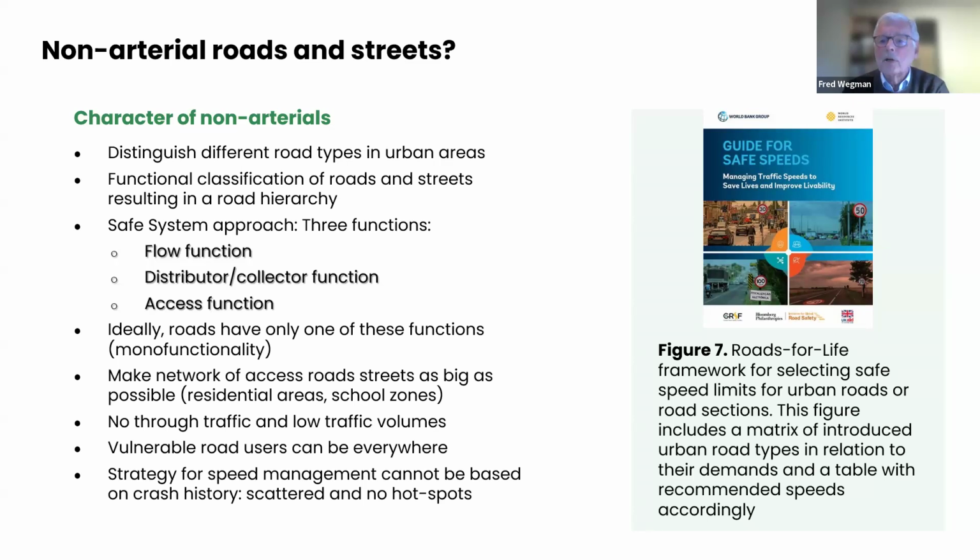In the safe system approach, we distinguish 3 functions. The flow function, traveling from A to B, the distributor or collector function, that is a road type in between the roads of a flow function and the roads and streets of an access function. And the third one is the access function. So we have these 3 functions.